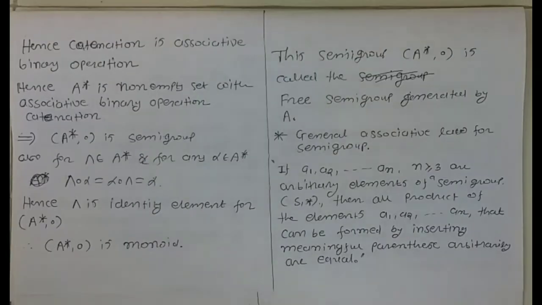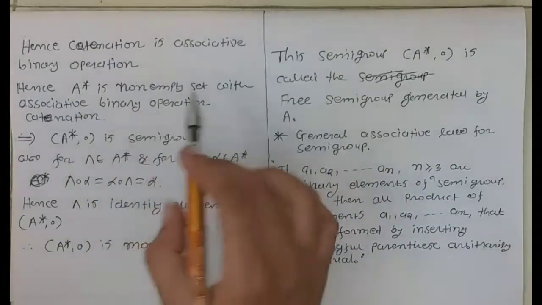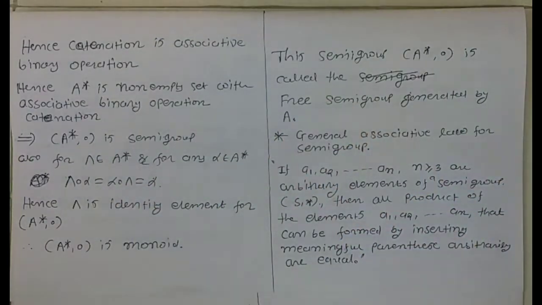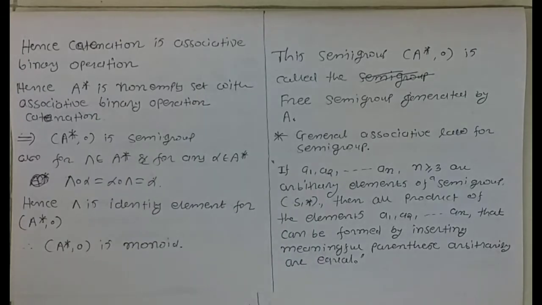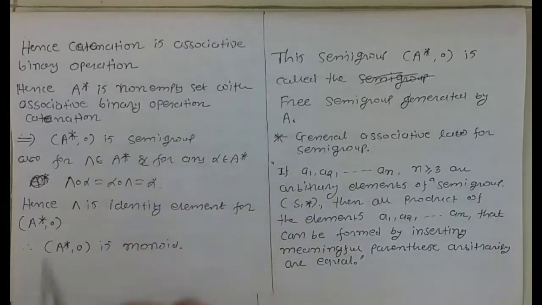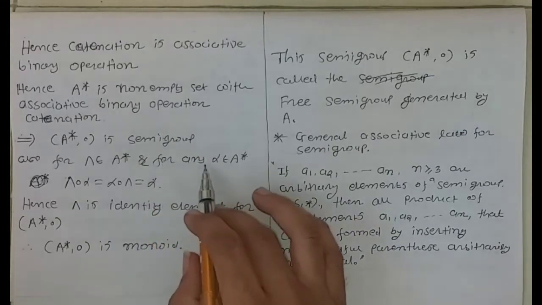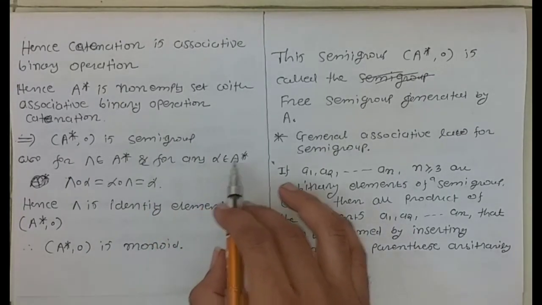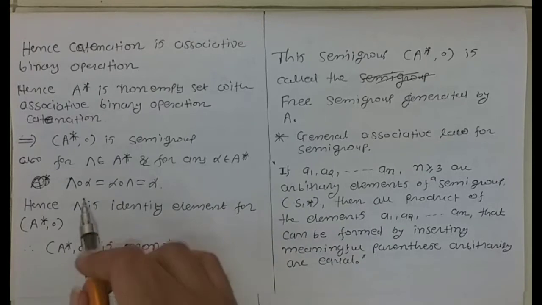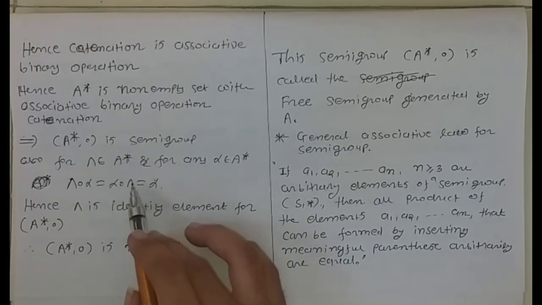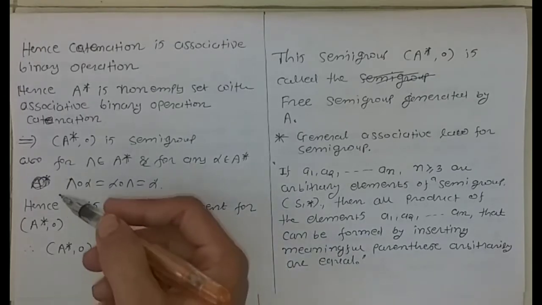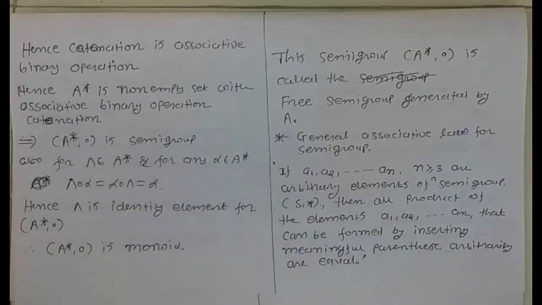Hence the catenation is an associative binary operation, as I have explained. So A star is a non-empty set with an associative binary operation, so A star with catenation is a semigroup. Also, for the empty sequence belonging to A star, and for any word or string alpha belonging to A star, the empty sequence composed with alpha is equal to alpha composed with the empty sequence is equal to alpha, because there is no symbol in the empty sequence.